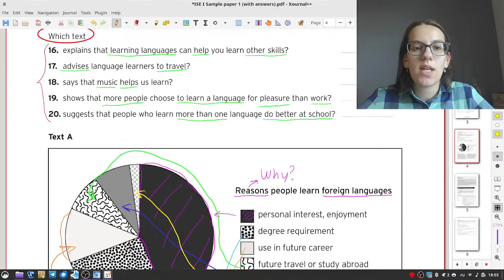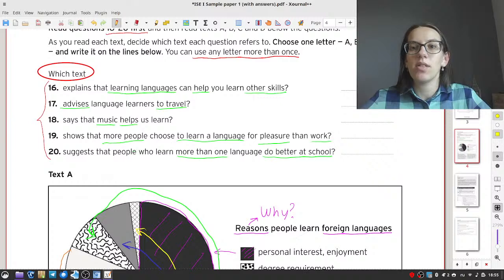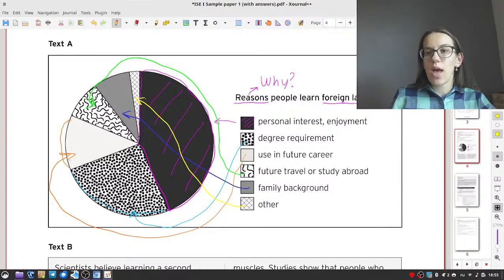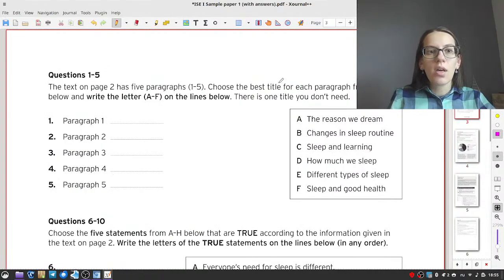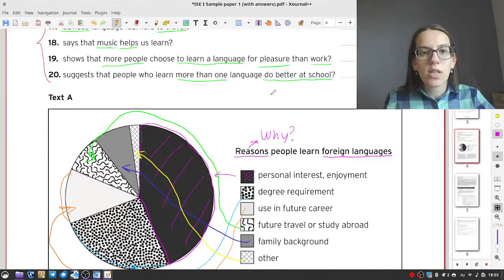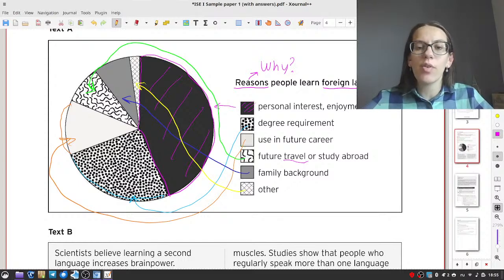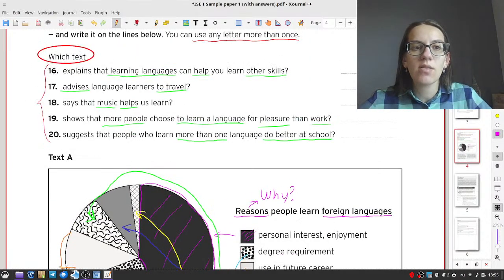So 16, it's not A, it's some other text that we haven't seen yet. Which text advises language learners to travel? Well, in this text we do have the word travel. Yeah, here, future travel. But does it advise us to travel? Does it tell us to do this?